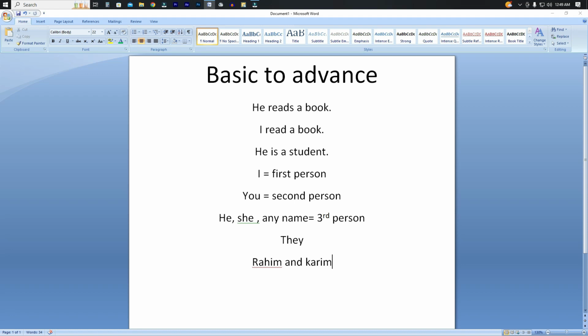So the verb takes s here because this sentence is written in simple present tense. I'm not gonna talk about the tense right now. I will talk about the tense after this class. So here we stick to the mechanism of sentence. So he, third person singular number here, that's why the verb takes s.